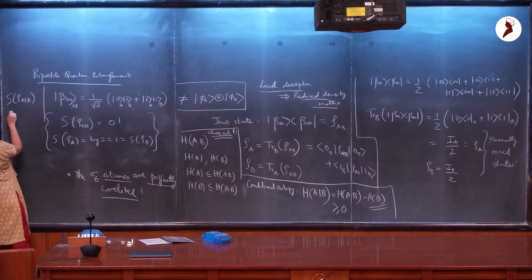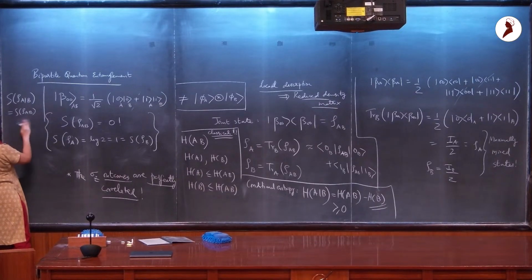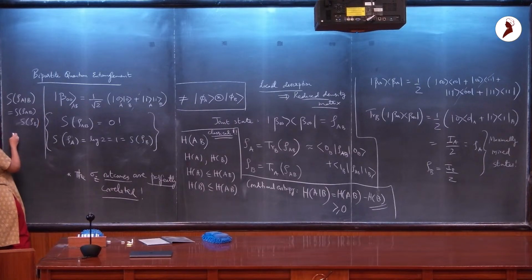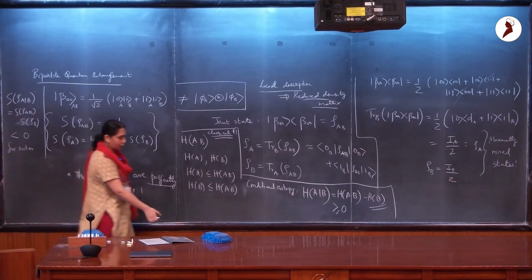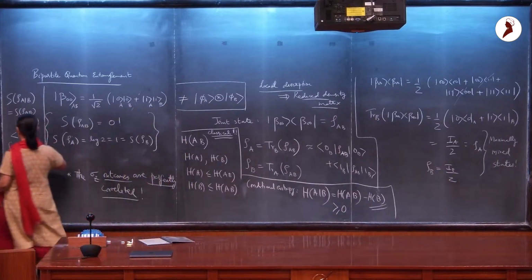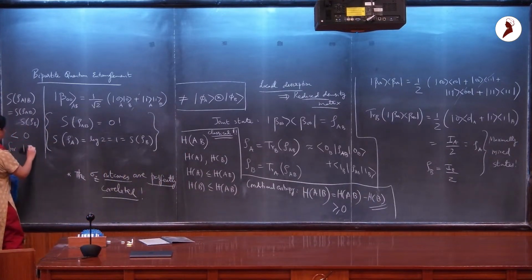If I were to define it the same way as S(rho_AB) minus S(rho_B), you can see that this is actually less than 0 for this entangled state. I have not proven any general statements here, I'm just showing you some examples. So this is for this state.